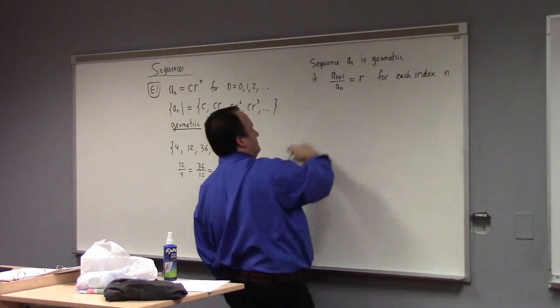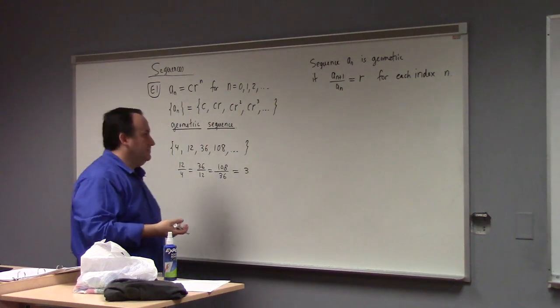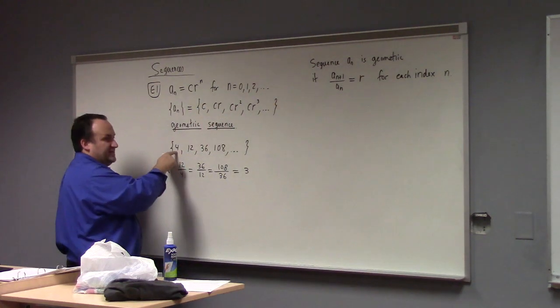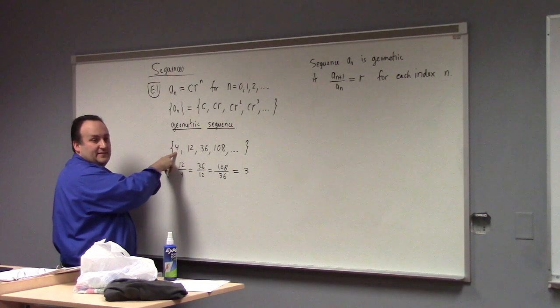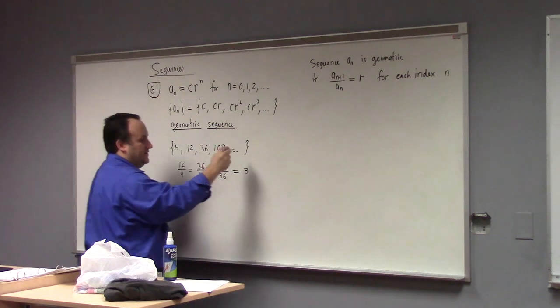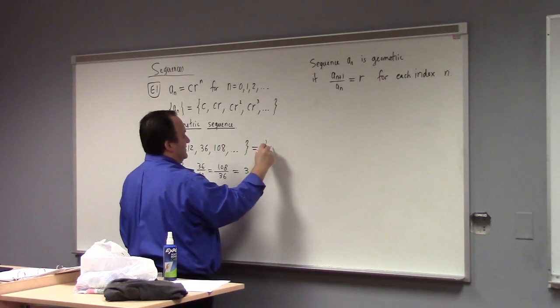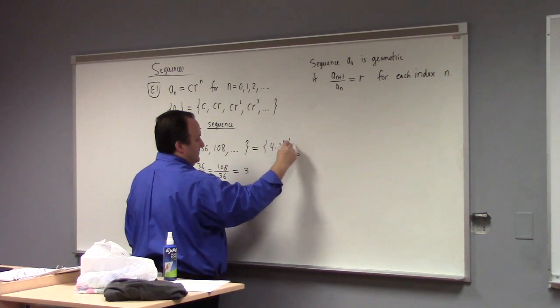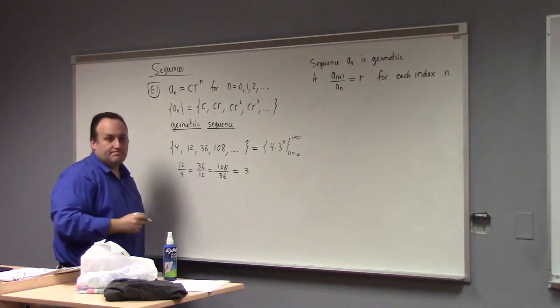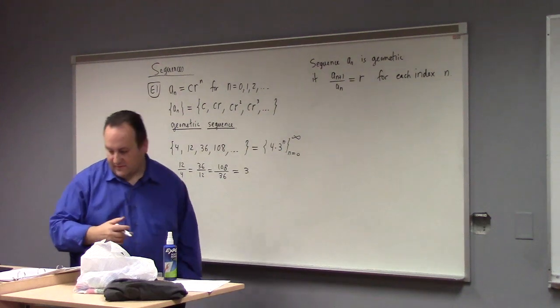And in this setup, the c is just the first thing. If you're starting from 0, c is just the first term. So like this, you could write this as the sequence 4 times 3 to the n, n equals 0 to infinity. This is the geometric sequence.